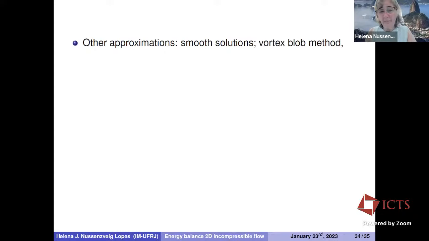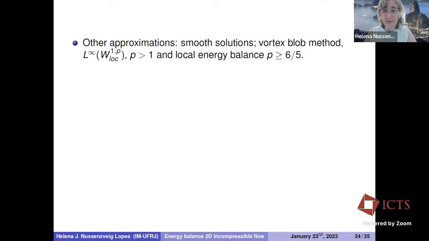The other method of approximation is weak solutions obtained by the vortex blob method. This is all 2D, which are L infinity into W^{1,p} loc for p greater than 1. And local energy balance was shown with forcing for p greater or equal to 6/5.